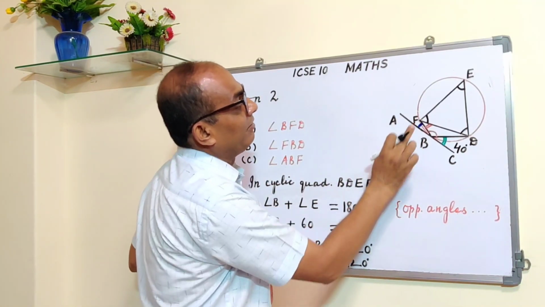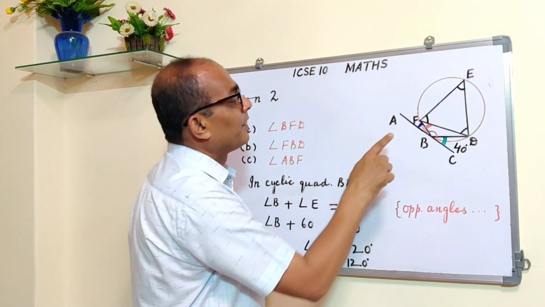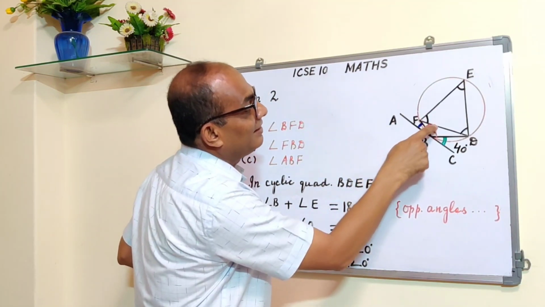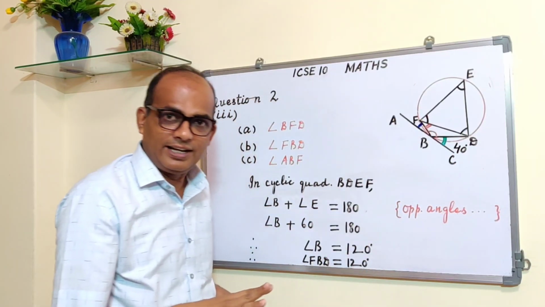Angle ABF. So one of the ways: see, this angle and this angle are on a straight line, and the sum of all the angles on a straight line is 180 degrees.